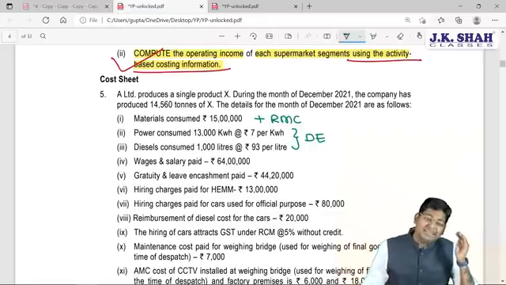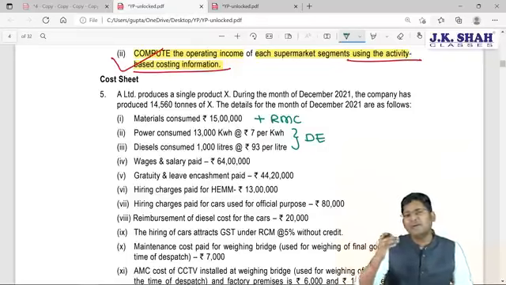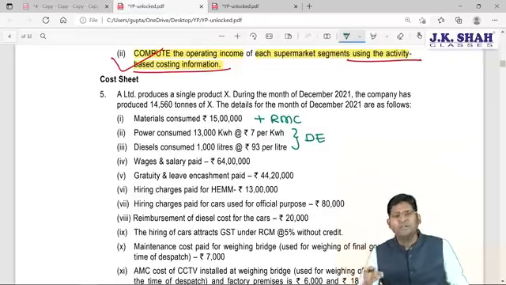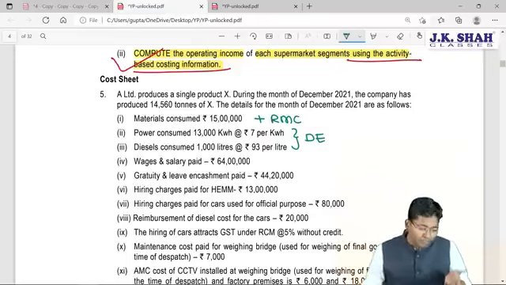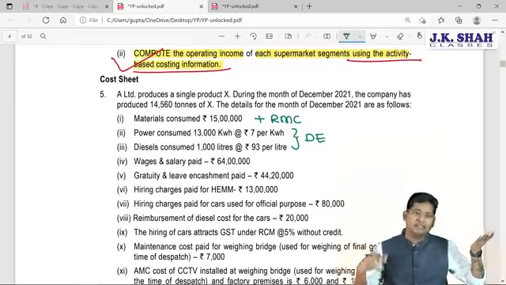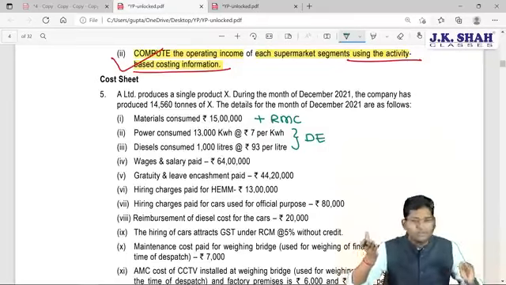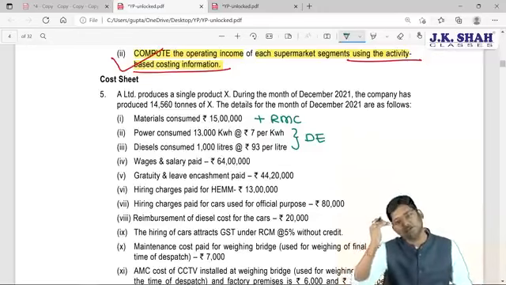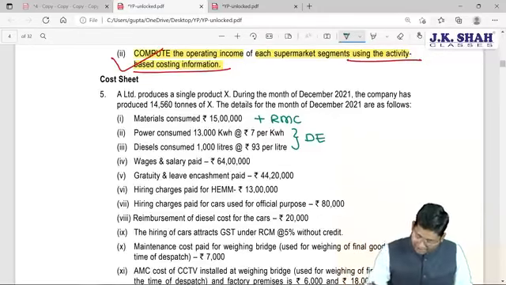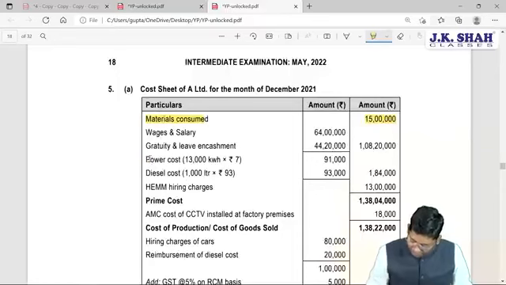Your power and diesel cost will reduce whenever you operate your factory at lower hours. Sir, what does that mean? Whenever you are producing more quantity, both expenditures will increase accordingly. Whenever you reduce the quantity, both expenditures will reduce accordingly. Both are direct expenses, and they have recorded them before prime cost by simply multiplying the given elements.